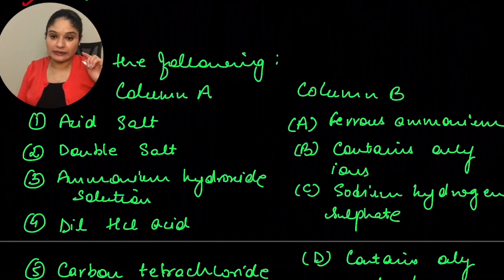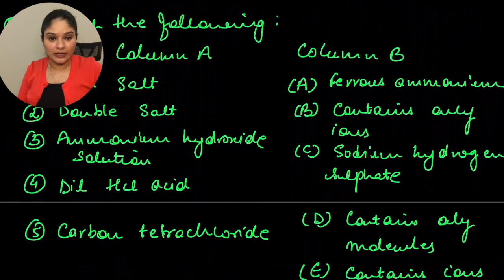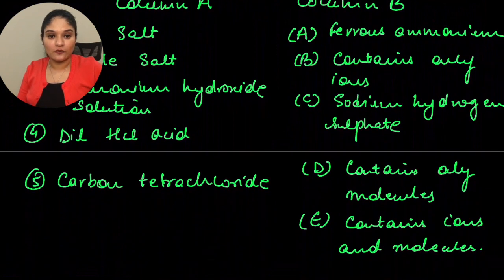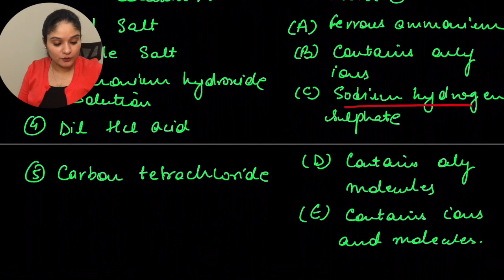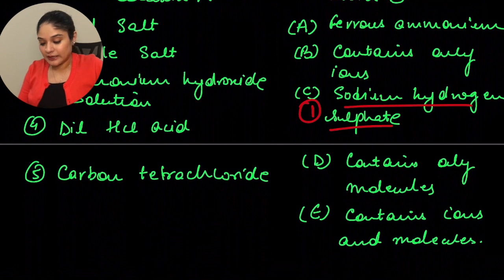So if you take that understanding and look at column B answers, you have ferrous ammonium sulfate, contains only ions, sodium hydrogen sulfate. So sodium hydrogen sulfate is your prospective answer. The next options are contains only molecules, contains ions and molecules. So your answer for acid salt becomes C. So this is 1. The next one is a double salt. For double salt, your answer would be ferrous ammonium sulfate.